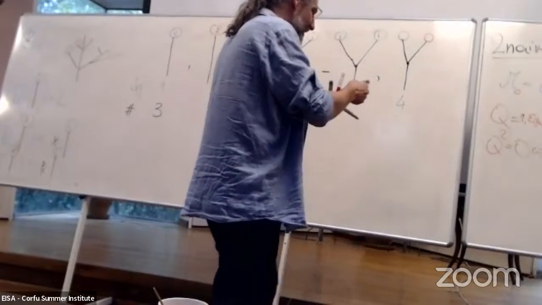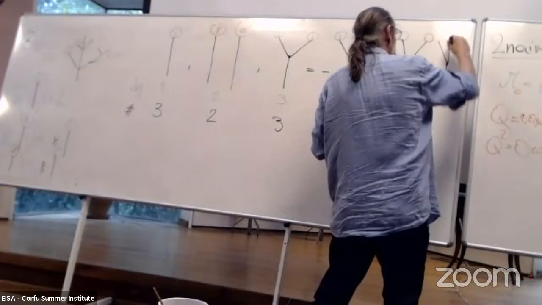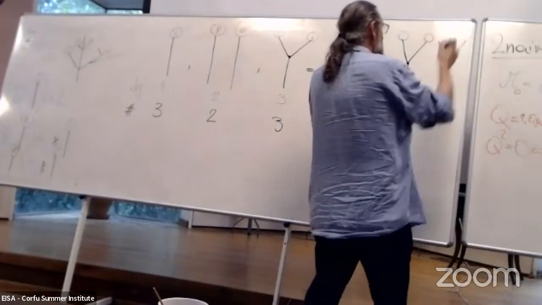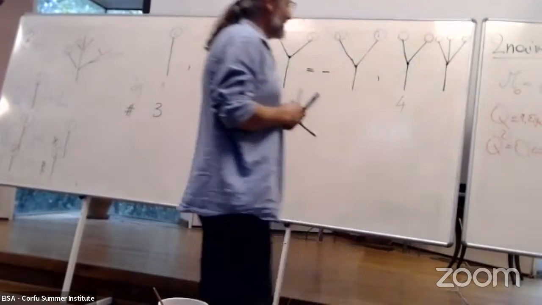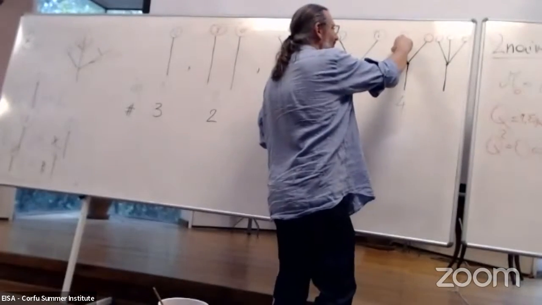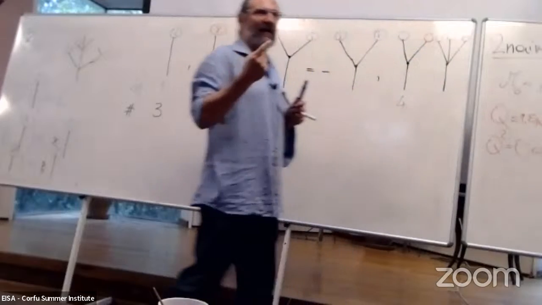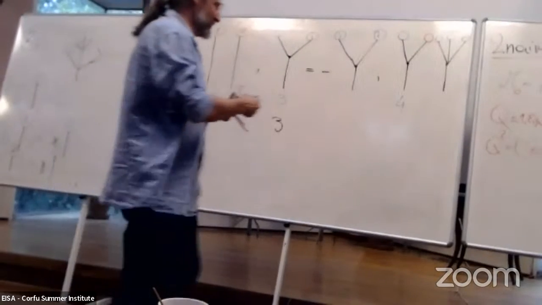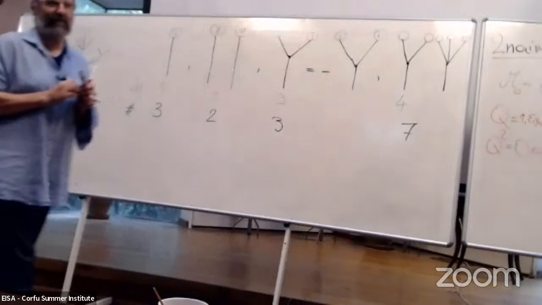But I can also have 3 kids like this. And the question is, how many do we have now? So this can be 2 times 3, those give 6. And here, this is completely antisymmetric, so I get 7. So the dimension here, the number of generators, is 7.